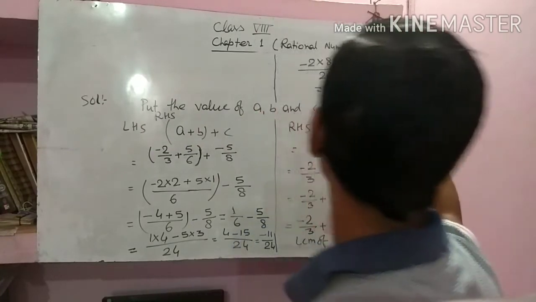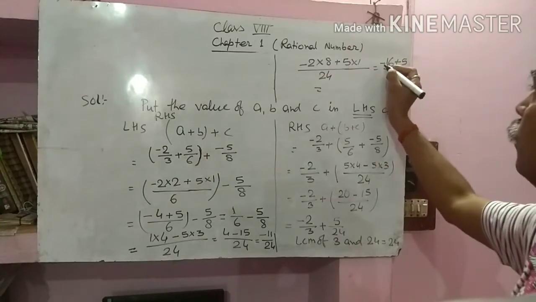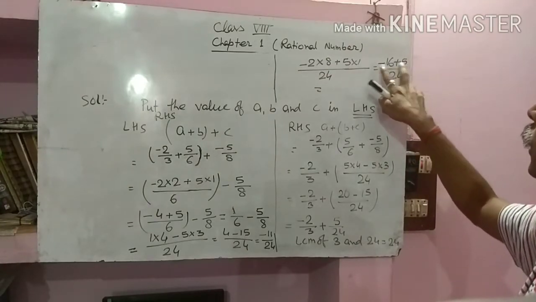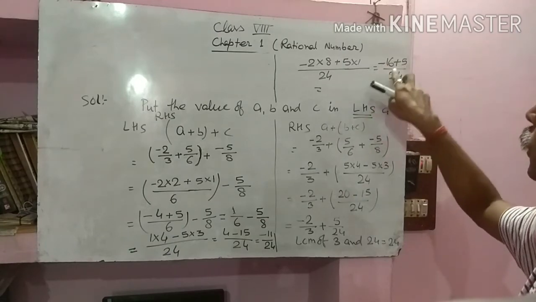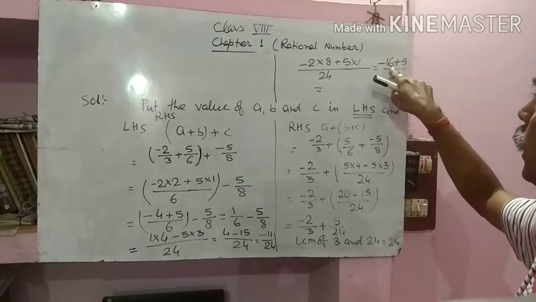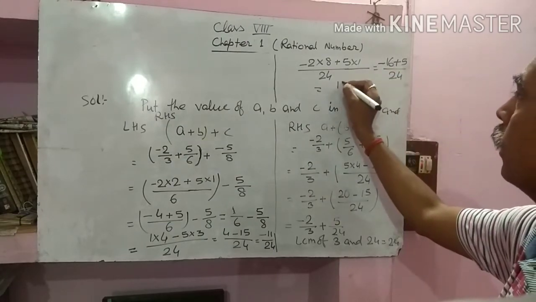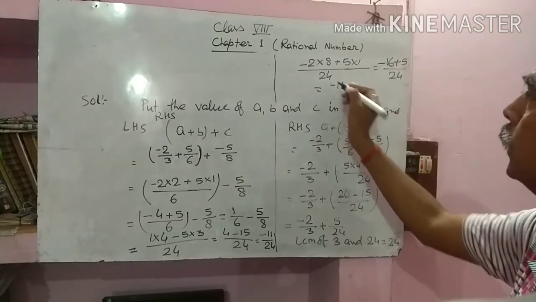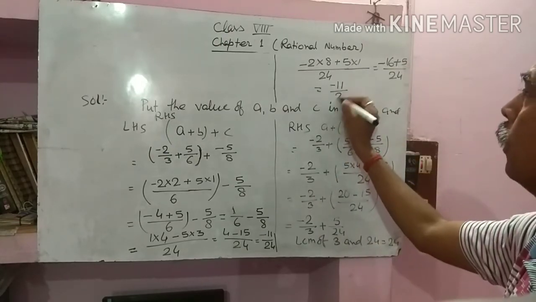Now here are two different signs, one is negative, another is positive. Different signs mean subtract. So we have to subtract the smaller value from the bigger one. What will we get? 16 minus 5, 11, and the sign of the bigger one, which is minus, by 24.